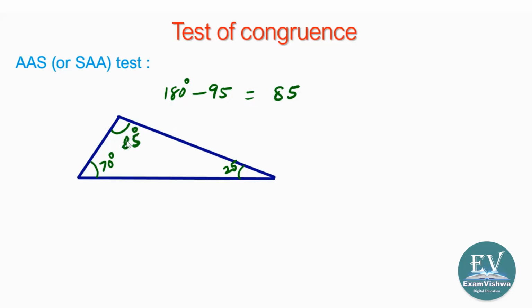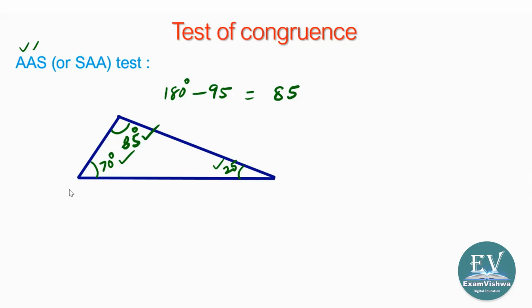So the three angles of this triangle are fixed just by giving two angles. If two angles are given, the third angle is fixed. And if two angles and any one of the sides is given, 100% fixed.